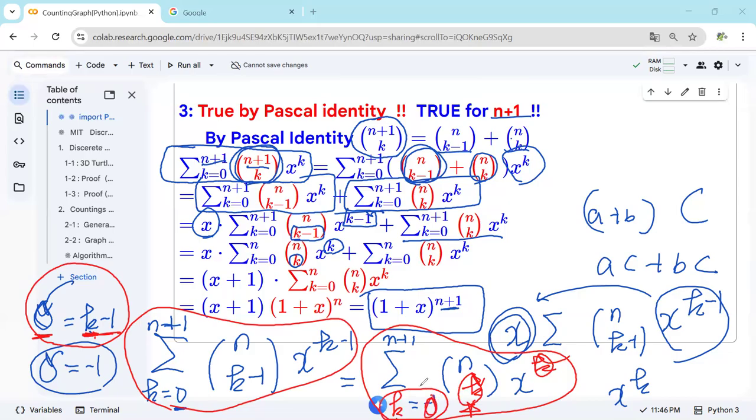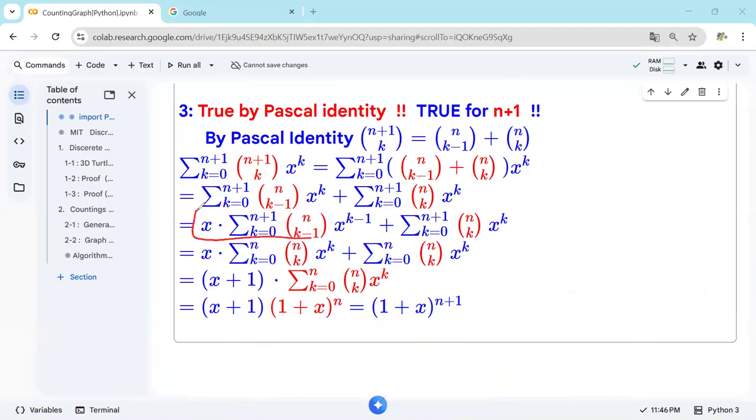So that's the reason why this one can be rewritten as this kind of notation. This k minus 1 disappears. Instead, we can use k like this.